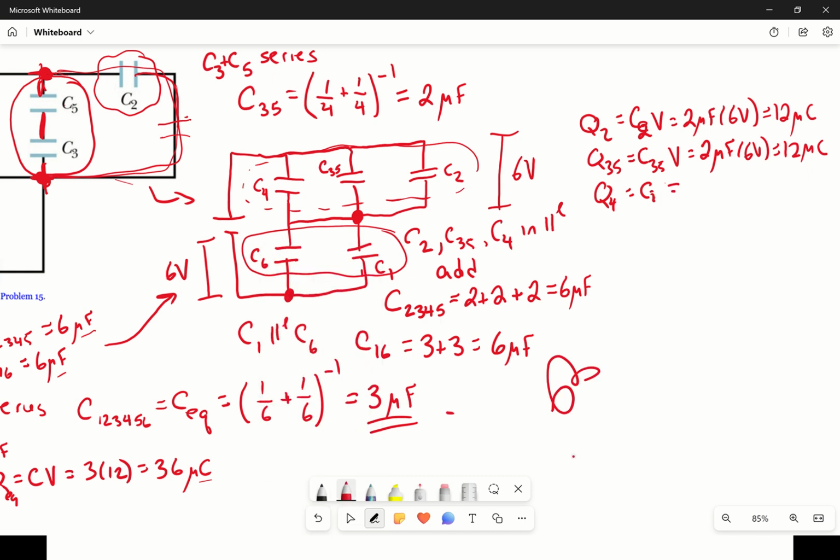Okay. It's going to be C4 times V, which is going to be 2 times 6, or 12 microcoulombs again. And if you look, 12 plus 12 plus 12 is 36. And so we've got 36 microcoulombs total, just like we thought there should be. And I can do the same thing for the bottom half.